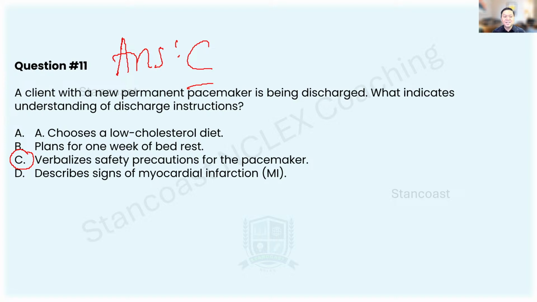Like I have said, they need to know that their physical activity will be limited for some time in order to prevent dislodgement of those leads. Remember?